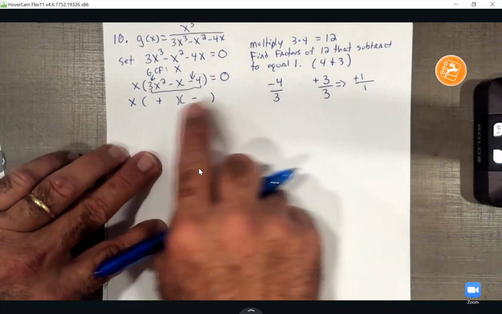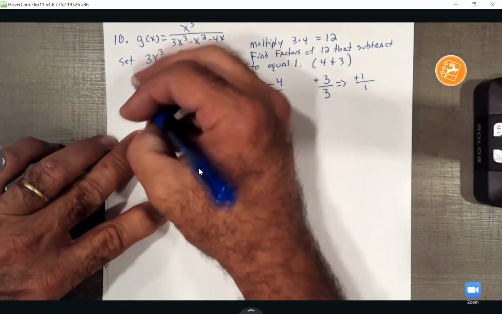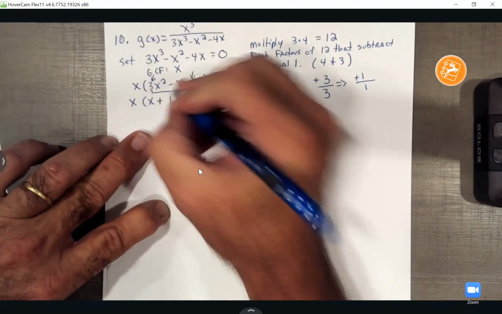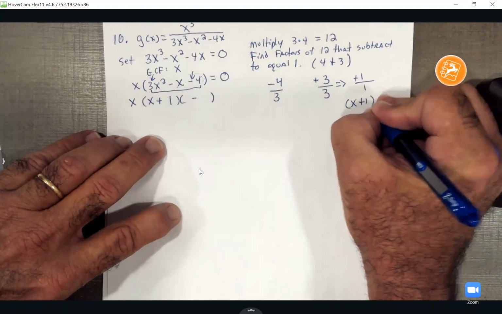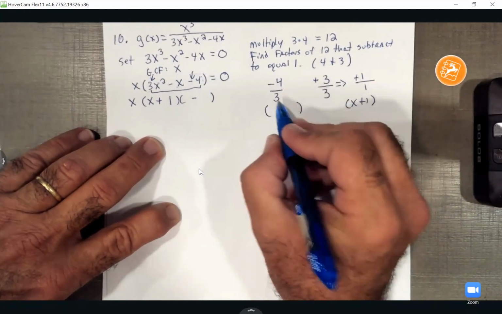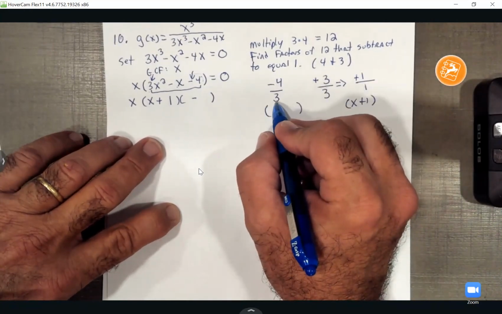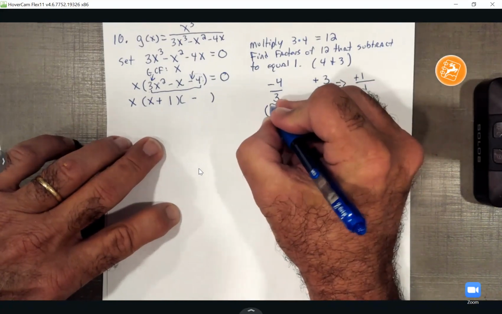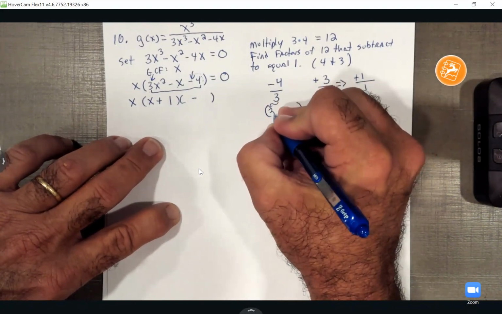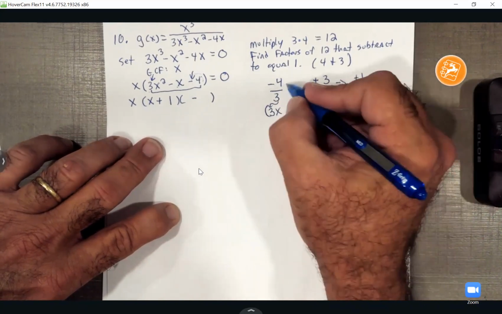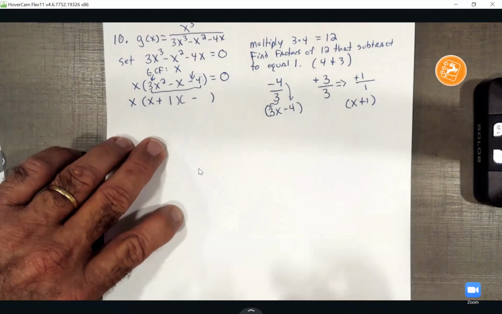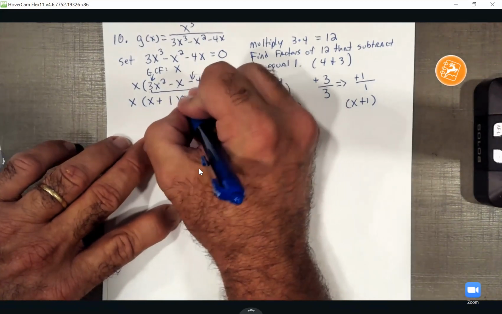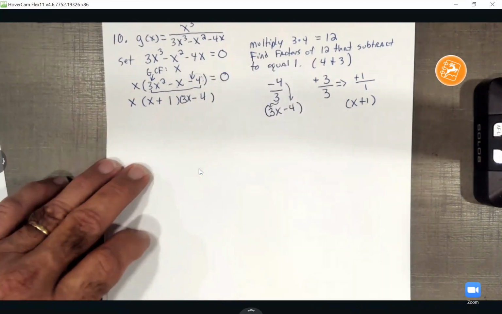The positive 1 goes in the factor that was positive over here, so this will be x plus 1. Now, since this one didn't reduce, the bottom number goes in front of the x, so this becomes a 3x, and then the top number goes to the back. So that becomes 3x minus 4.